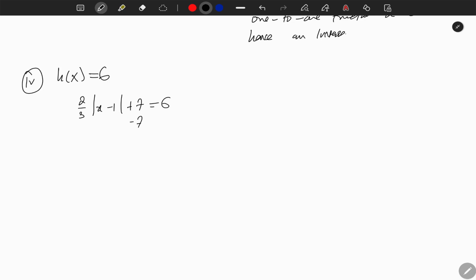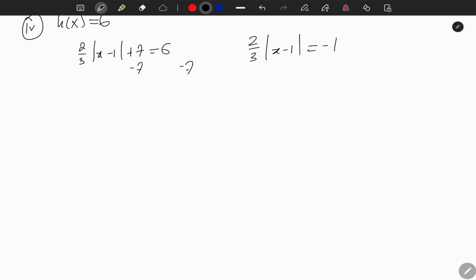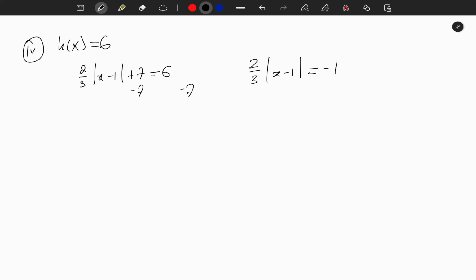If I subtract 7 here and I subtract 7 here, I'll be getting 2 over 3 modulus of x minus 1 is equal to negative 1. Now you can multiply both sides by 3 over 2, so we get modulus of x minus 1 is equal to negative 3 over 2.